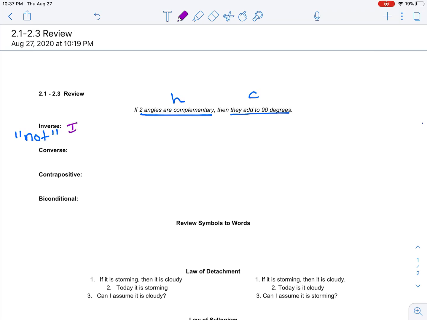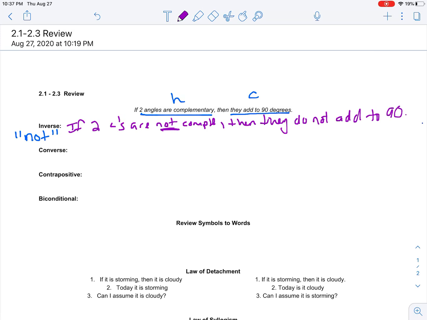Okay, if two angles are not complementary, then they do not add to 90. Okay, what did we do? We added not to our hypothesis, we added not to our conclusion.